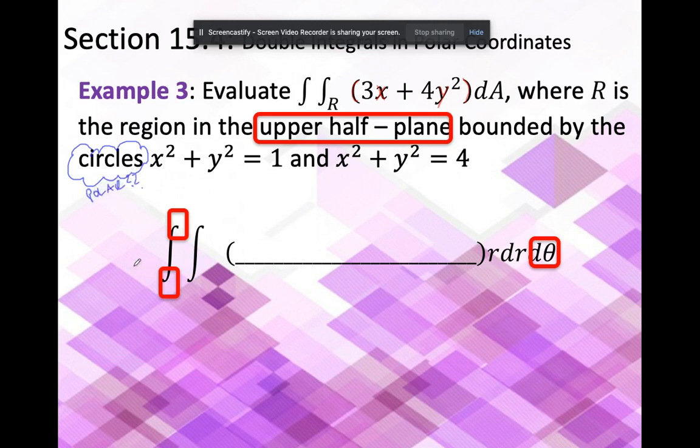Should I do polar? So if I'm going to do polar, I have to transform the integrand, and I have to transform dA. And remember to pay the price. Can't just go directly to dr d theta. You have to have your r dr d theta.